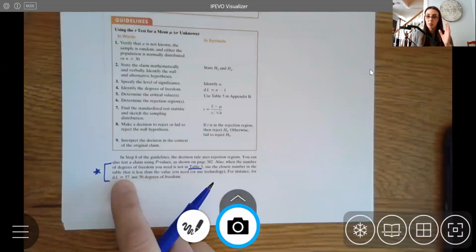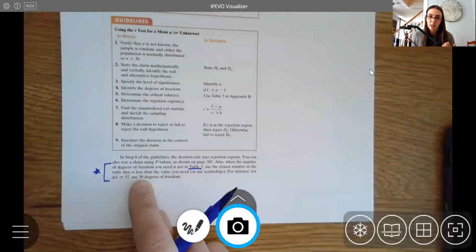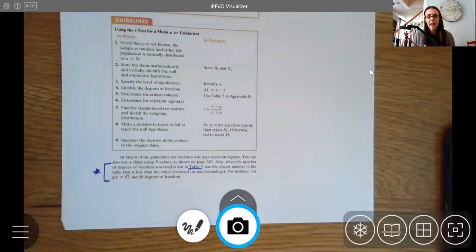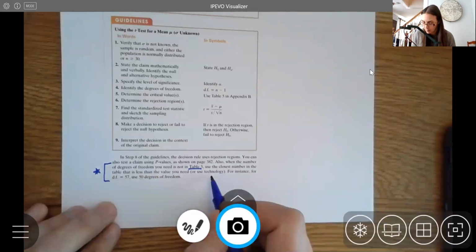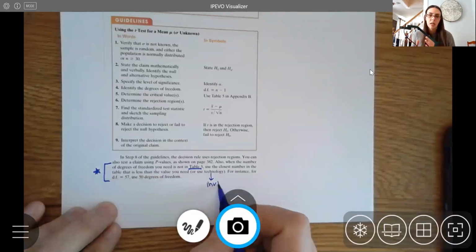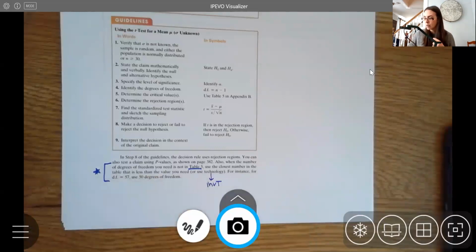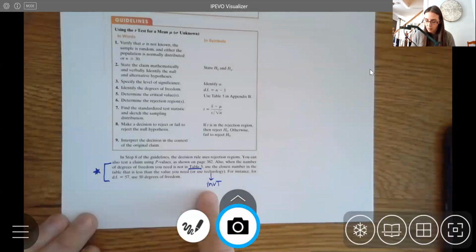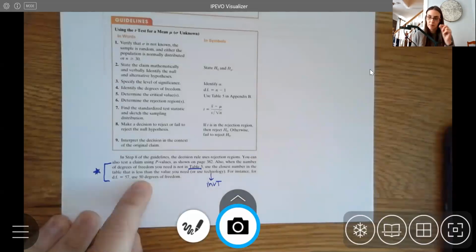You use the closest value that's smaller than it. So 50 would be the closest value that's smaller, so you would use that value instead. Or you can go ahead and use the inverse t piece that we were just doing. So just keep that in mind. I would think most of your questions on the homework will be there, but you can either use technology if they're not, or just use the next value down for the degrees of freedom.